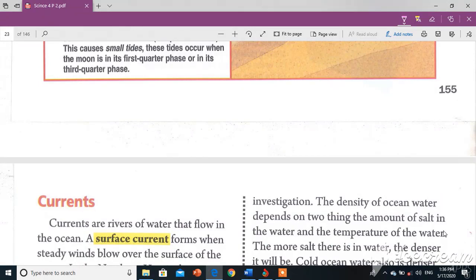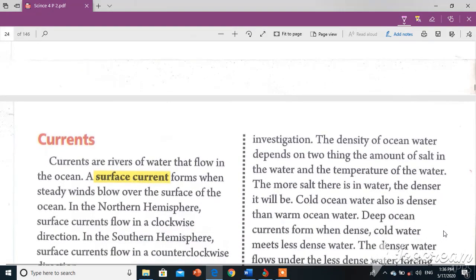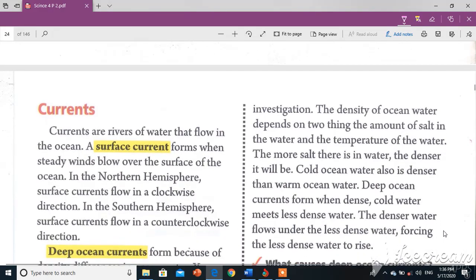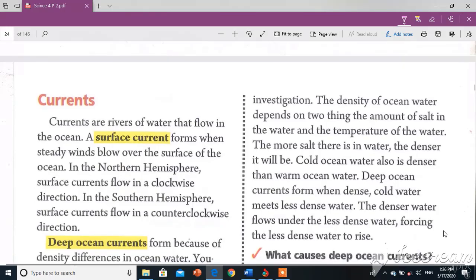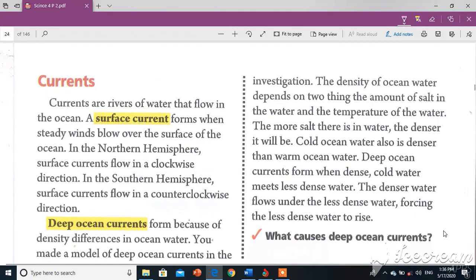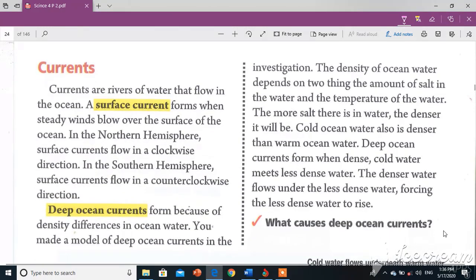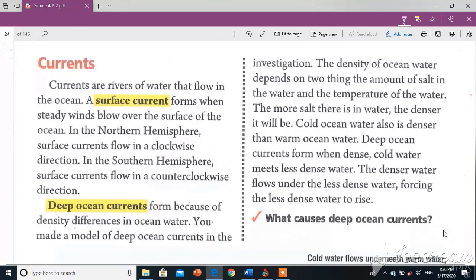So students, now let's go to currents. What are currents? Currents are one type of ocean movement. Currents are of two types, surface currents and deep ocean currents. Let's start with surface currents. A surface current forms when steady or slow winds blow over the surface of the ocean.